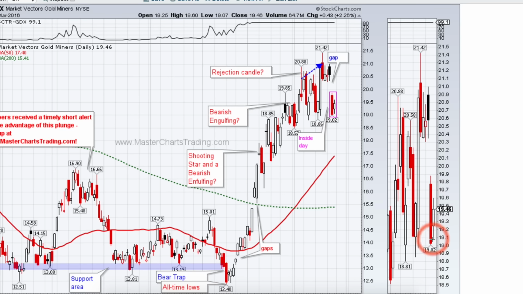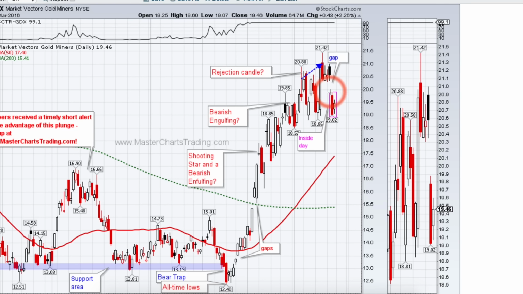So this is an inside day. You can also think of it as a triangle consolidation. And if this triangle breaks down, then we can easily see gold miners pull back to the $17 area, and there's a breakout level here at $16.19, $17. So it's kind of like a normal pullback.